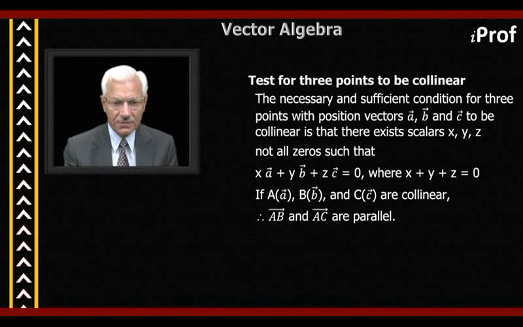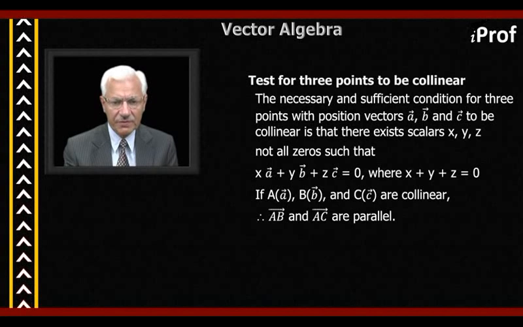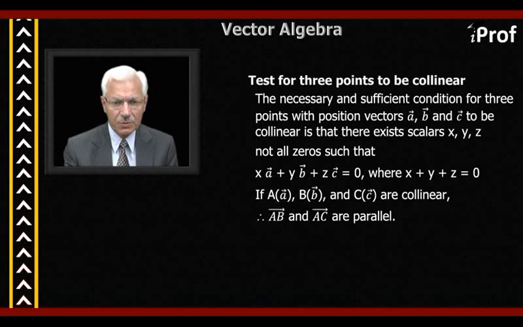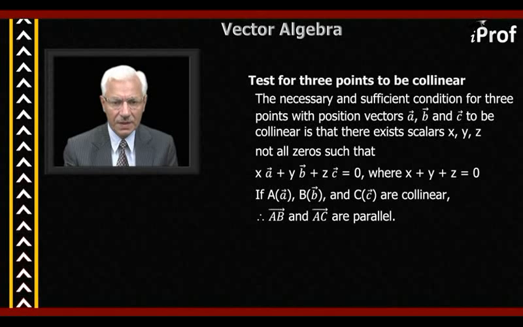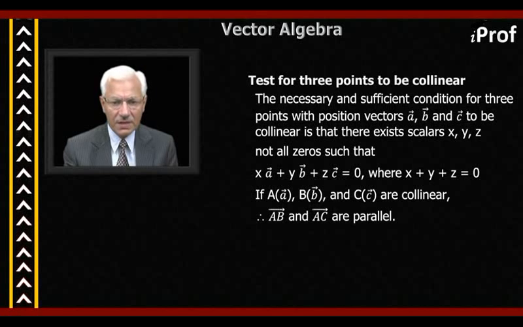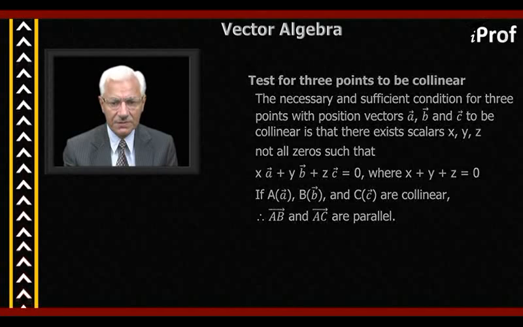To explain this, if A with position vector A, B with position vector B, and C with position vector C are collinear, then AB and AC are also collinear vectors.